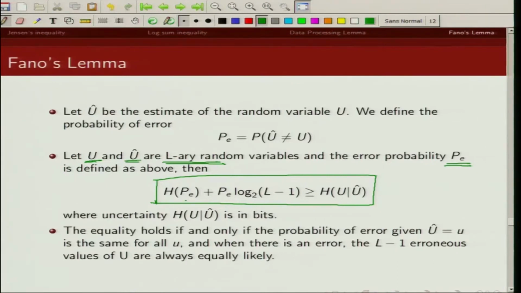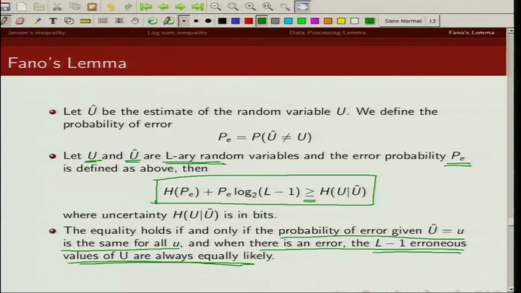The binary entropy function, well, the entropy of Pe plus Pe log of L minus 1 is greater than or equal to uncertainty in u given u hat, and the equality here happens if and only if probability of error given u hat is u is the same for all u, and if there is an error, all L minus 1 erroneous values are equally likely to happen.